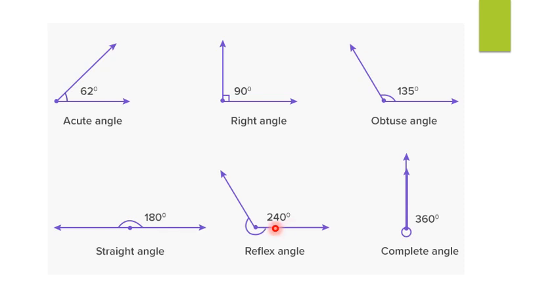So then the angle is marked underneath because we are jumping over from 180 and we are now rotating in the other direction. Then we have 360 degrees, which is known as a complete angle or a revolution. That is exactly 360 degrees.